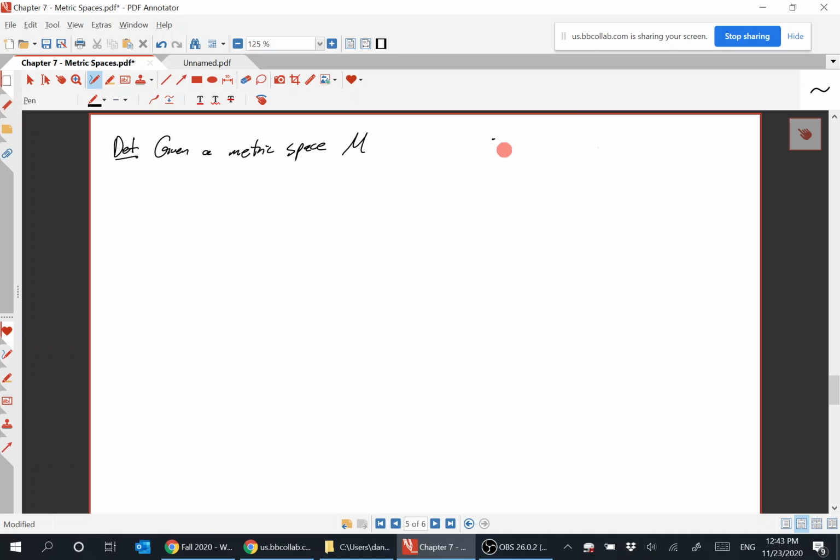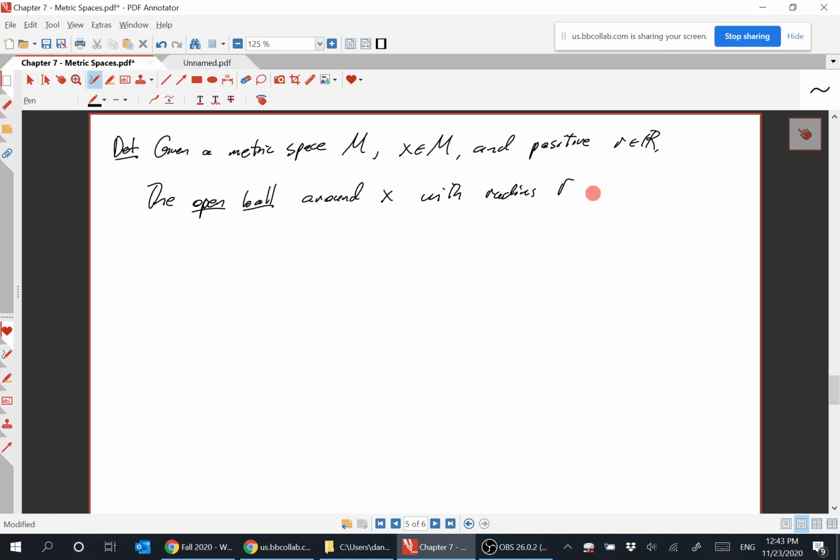Given a metric space M, x in M, and positive R in the real numbers, the open ball around x with radius R is B_R(x), and it's equal to the set of all y in M such that the distance from x to y is less than R, strictly less than R. Okay, so everything that's got distance from x less than R.